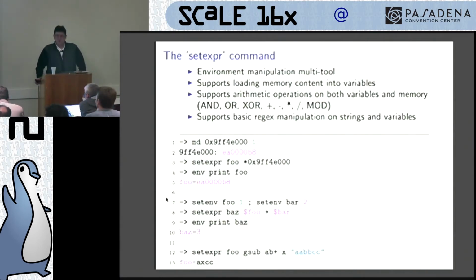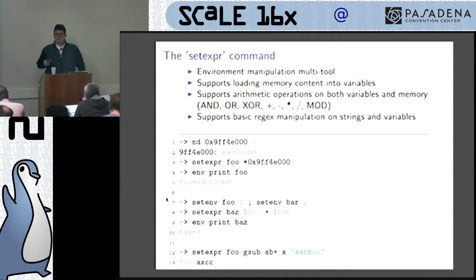And finally, there's one last command which I would like to show you for manipulating the environment, which is setexpr. This might not be present on all the systems, but it's really like an environment manipulation Swiss Army knife sort of device. It allows you to do basically three things. One is load memory content into U-boot variables.